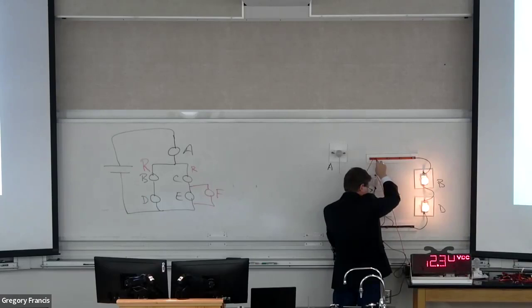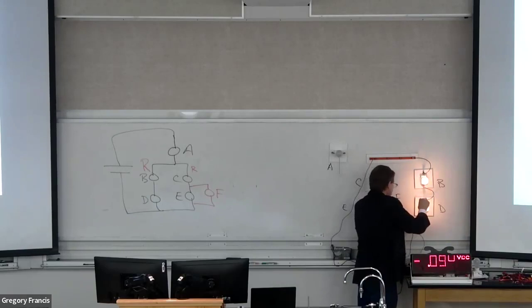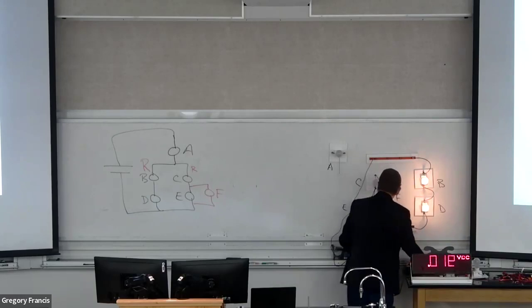Okay, so I get 12.33, 12.34, okay? And now if I measure across each bulb, if these bulbs were identical, I would have the same reading over each one, 6.13 and 6.15. Can we all agree that's pretty much the same? Oh, good, thank you. Okay.